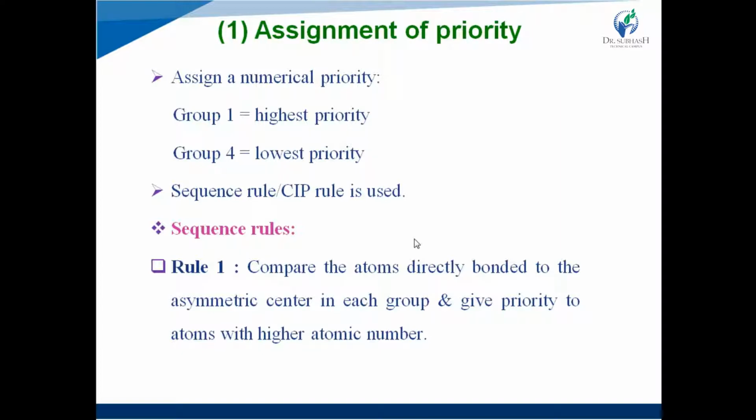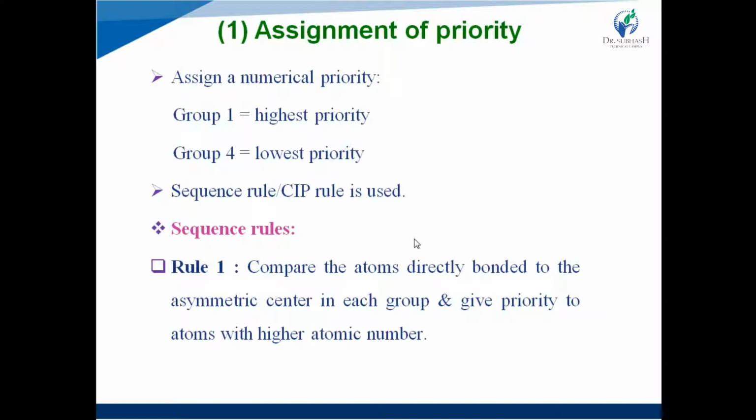Now see what the sequence rule is. Rule 1 is to compare the atoms directly bonded to the asymmetric center in each group and give priority to atoms with higher atomic number. Out of the four different groups present on the chiral center, the directly attached atom is considered.